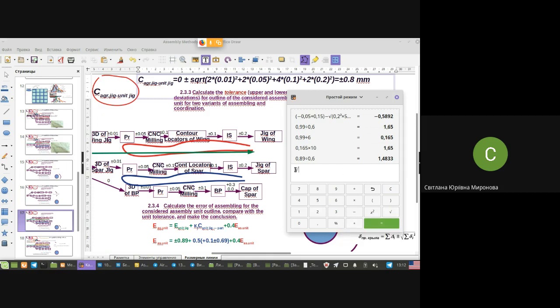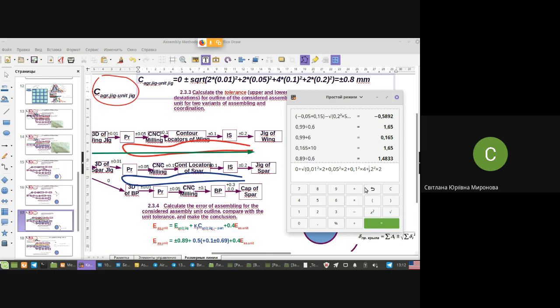Above all, we have 0 here, because all the fields are symmetrical. Plus minus the square root of. Under the square root we have 0.01 twice, plus 0.05 twice, plus 0.1 four times, plus 0.2 two times.